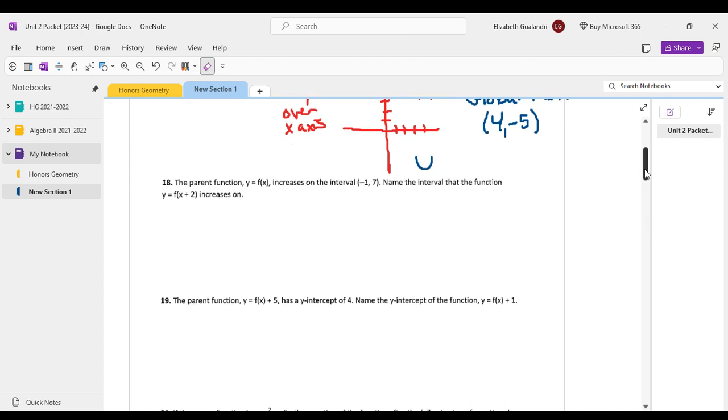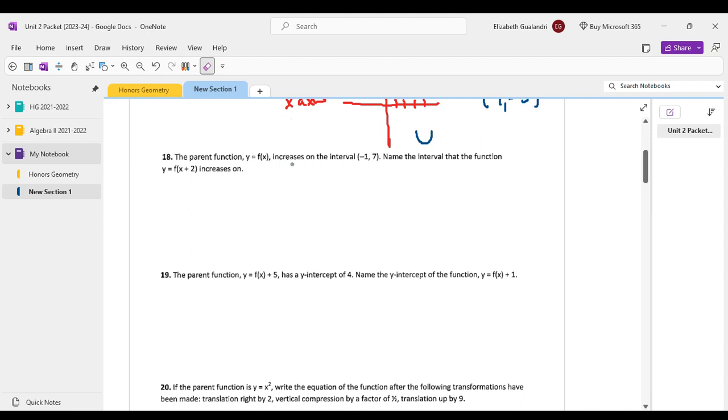Number 18. The parent function y equals f of x increases on the interval -1 to 7. So for this one, I just kind of gave myself that idea from -1 to 7 that this function was increasing. And it says name the interval that the function y equals f of x plus 2 increases on.